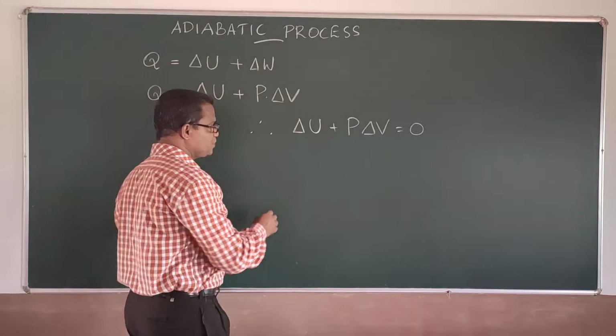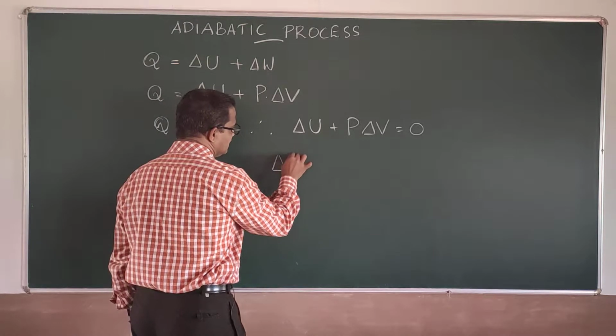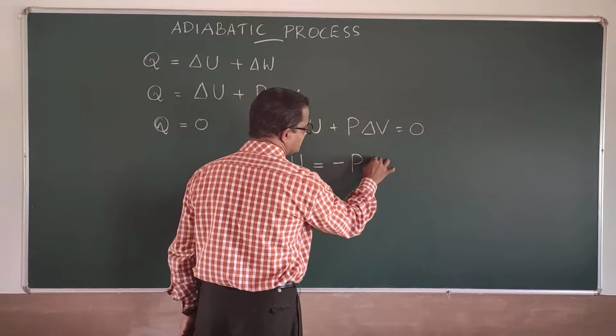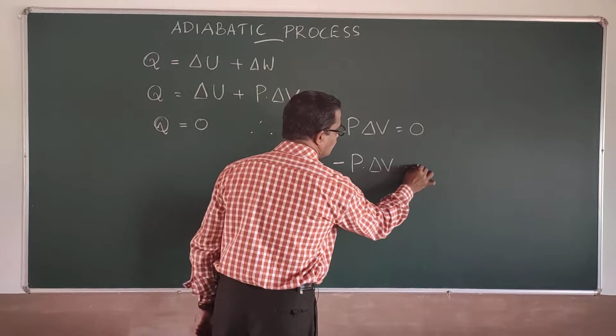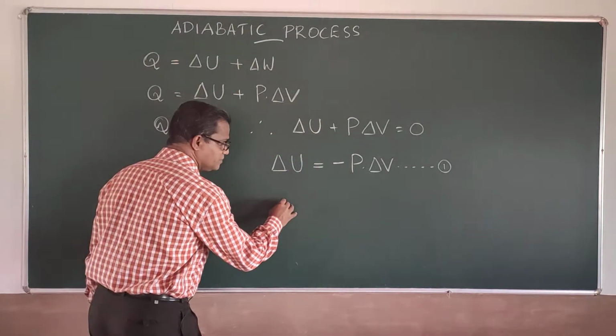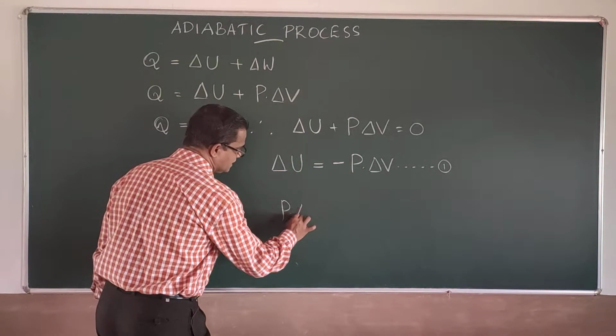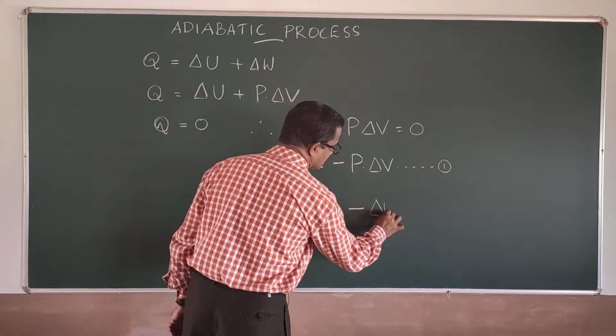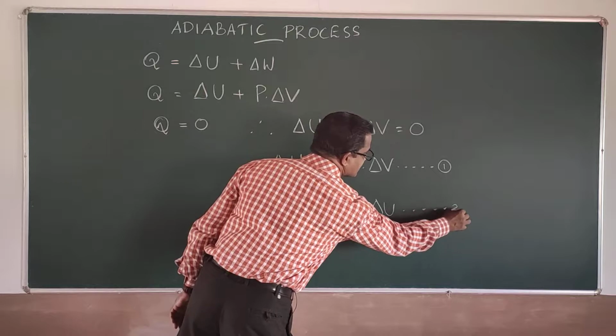So, two conditions possible. One, delta U equal to minus of P into delta V. Second one is that P into delta V is equal to minus delta U. This is the second situation.